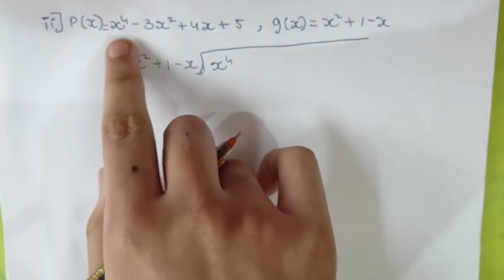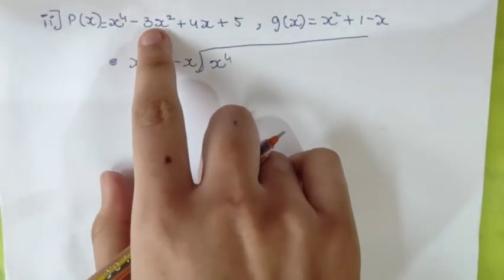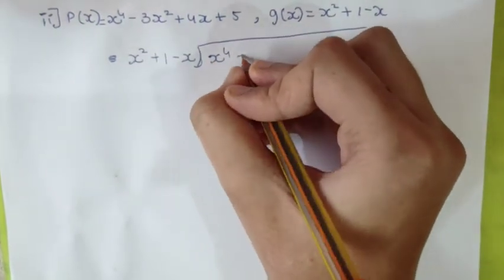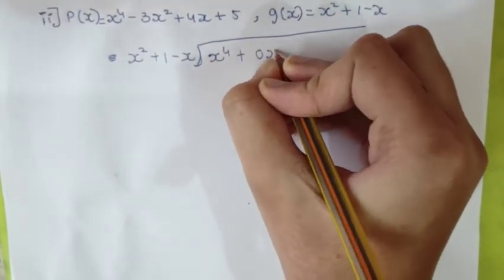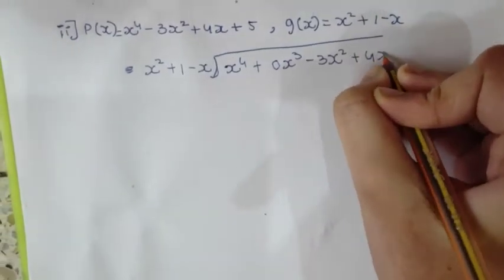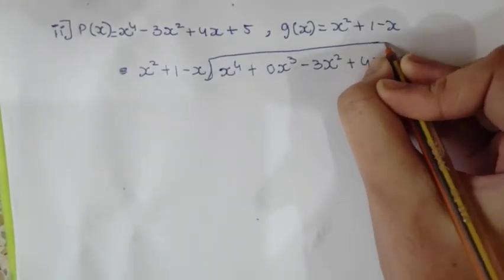So here you can see we have x^4, and next we don't have x cube. So here we will write plus 0x cube minus 3x square plus 4x plus 5.